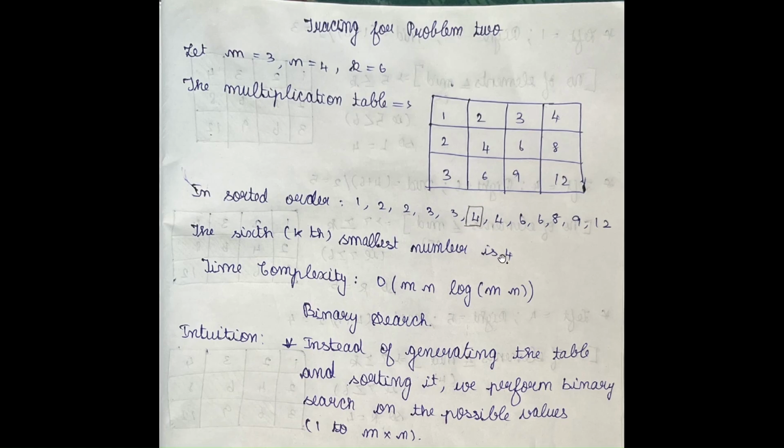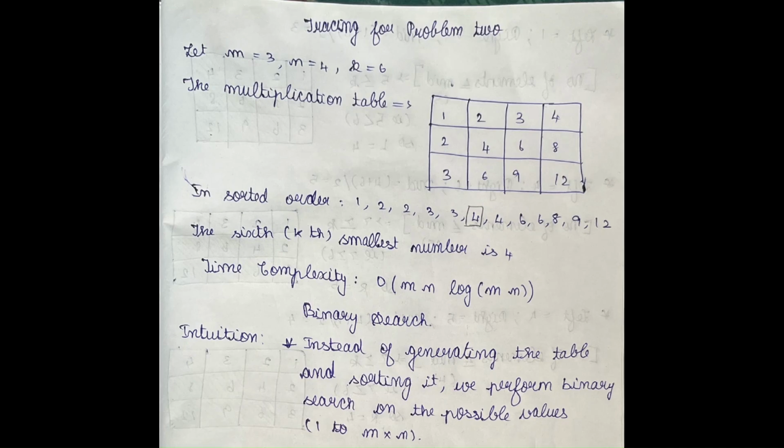But when we go for this approach, the time complexity is O of m cross n star log of m cross n. For this time complexity, the test cases may be passed. But the constraint here is that it will lead to a memory limit exceeded error. Why? Because the value of m and n is up to the range of 3 star 10 power 4.